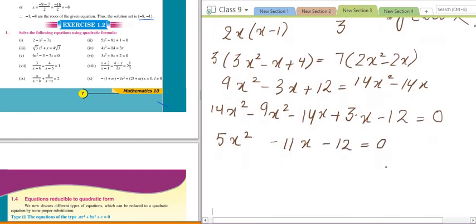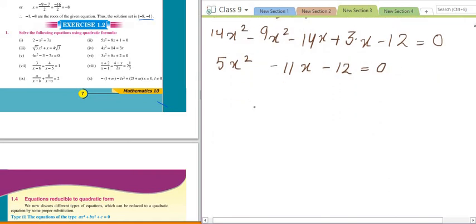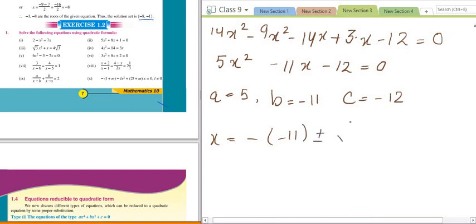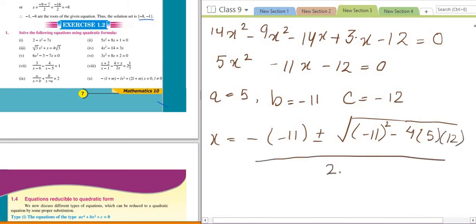Now this is a quadratic equation. Okay, now a is 5, b is minus 11, c is minus 12. So what is the formula? Just apply it. Minus b plus minus square root b square minus 4ac divided by 2a.